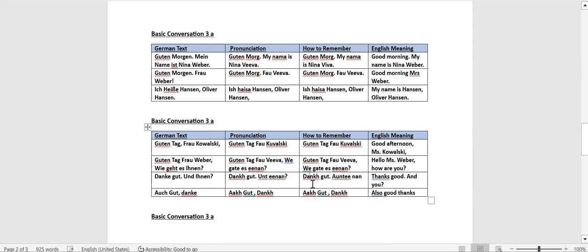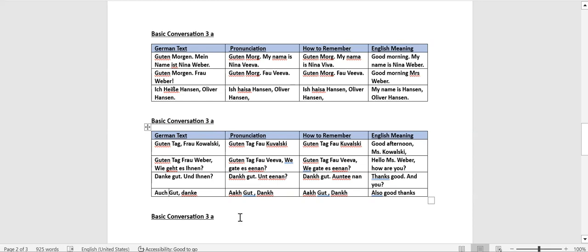How to remember this? I just put "and Ihnen" here to sharpen your brain, but it is und Ihnen. How to pronounce this? Und Ihnen.